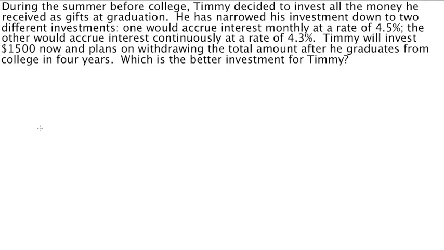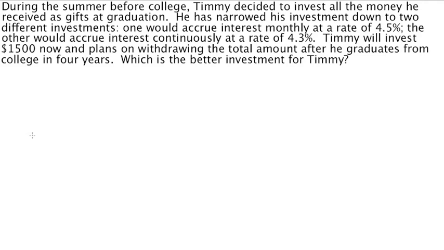So he has two options. One investment would compound interest on a monthly basis at a rate of 4.5%, and another would compound interest continuously at a rate of 4.3%.